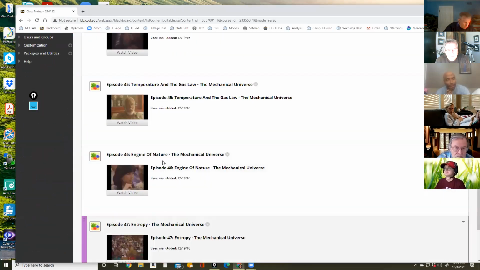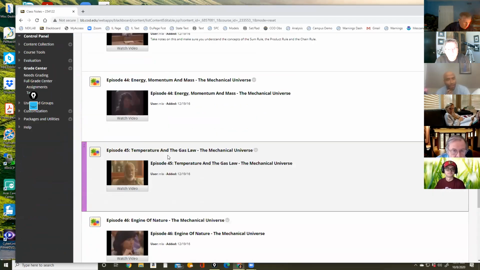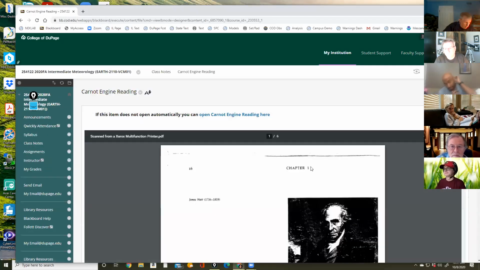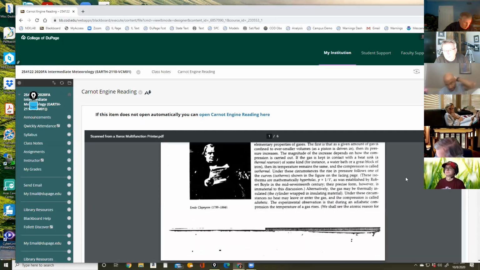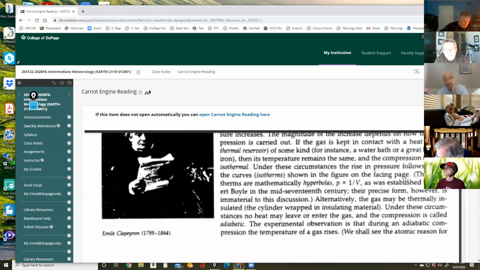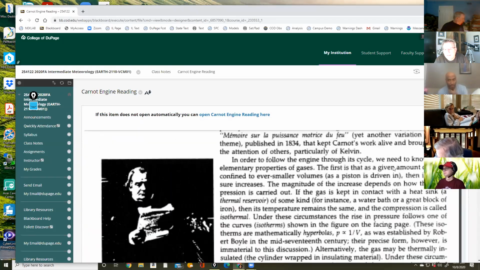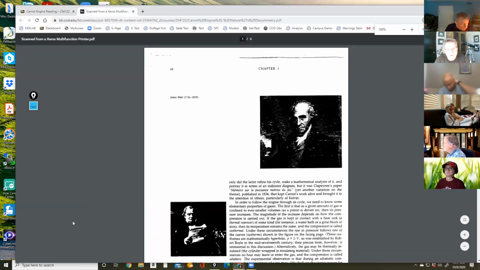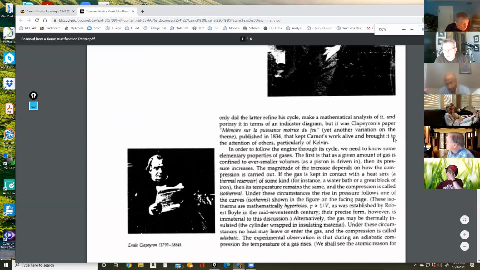Where is it? Carnot engine reading. You know what I'm going to do? I'm going to open it here so I can zoom in a little bit bigger.